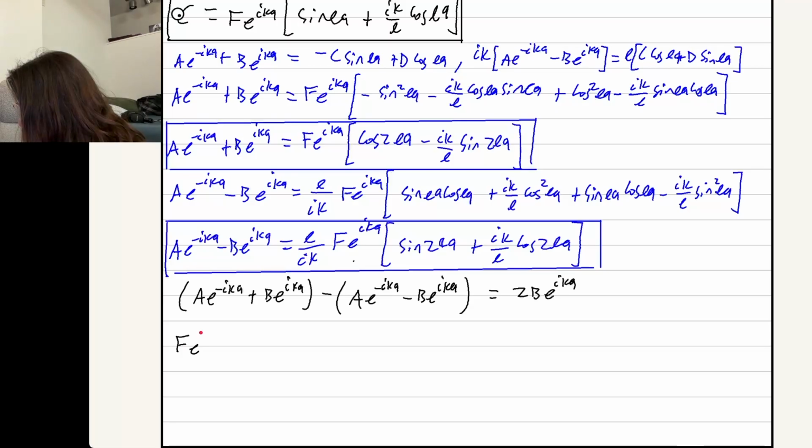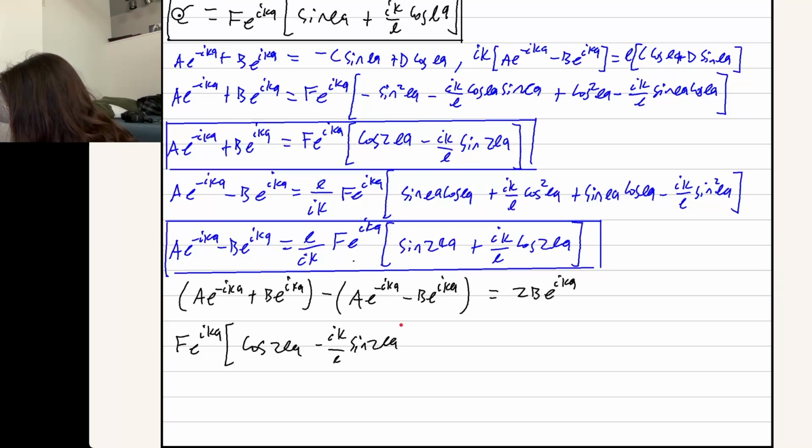We have f e to the ika. We're going to have cosine 2LA minus ik over L sine 2LA. We're going to have, plus, no, we're going to have minus L over ik times sine 2LA, and then minus cosine 2LA. All of that equals 2b e to the ika.